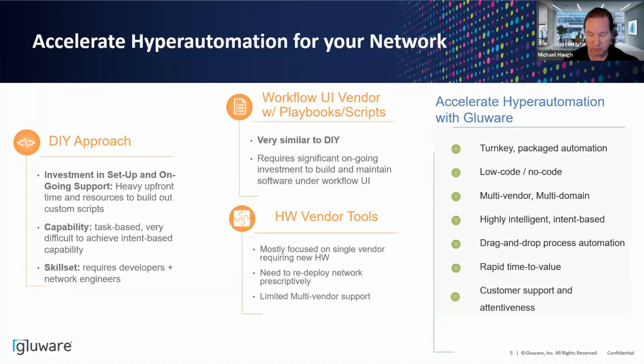Gluware is multi-vendor and multi-domain, so this helps with that consolidation and automating across, or when you have Juniper and Cisco and Arista and Palo Alto and many others within that domain or within your multi-domain network. The intelligence and intent-based, these are two really critical differentiators in that a lot of automation technologies I've seen, the user has to imperatively describe the steps and, let's say, the logic of it.